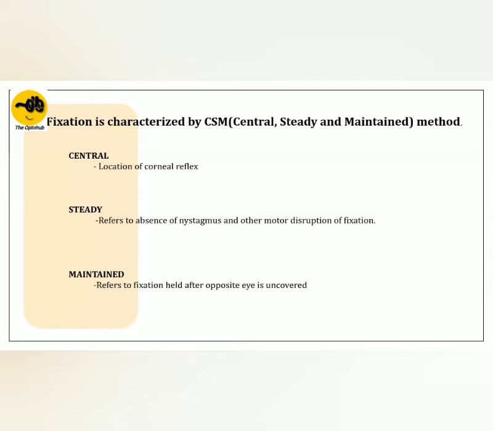So if the fixation target is viewed eccentrically, then the fixation is termed as uncentral. Then S refers to steadiness of the fixation on the examiner's light as it is held motionless and also as it is slowly moved about. Then M refers to maintained. So it refers to the ability of the patient to maintain alignment first with one eye and then with the other as the opposite eye is uncovered.